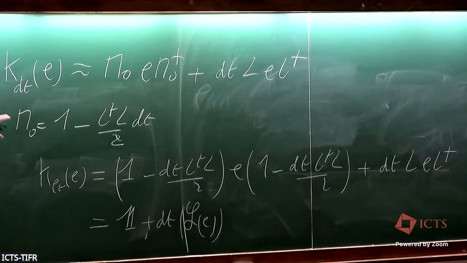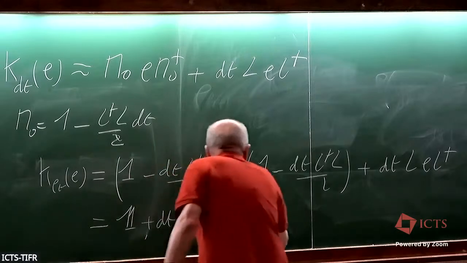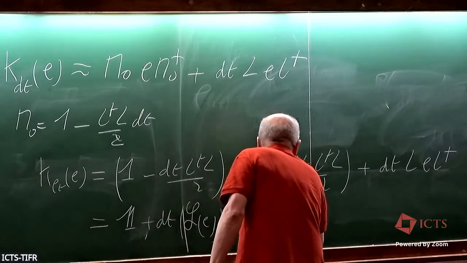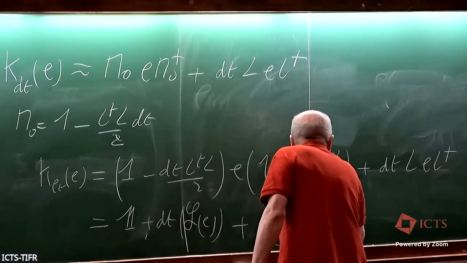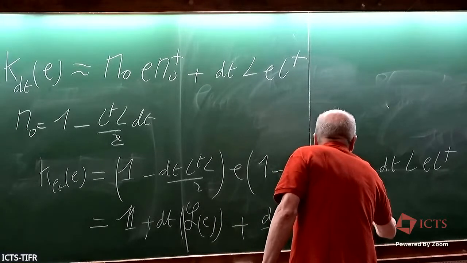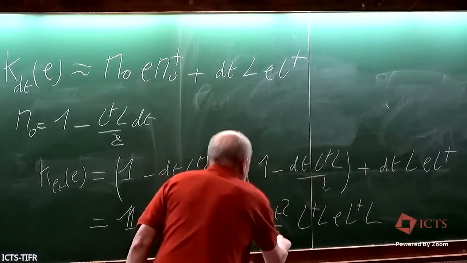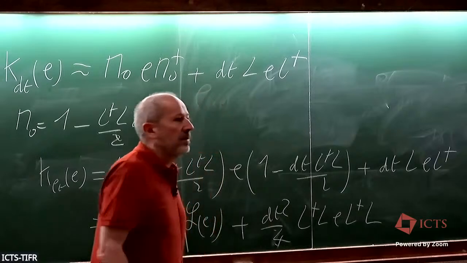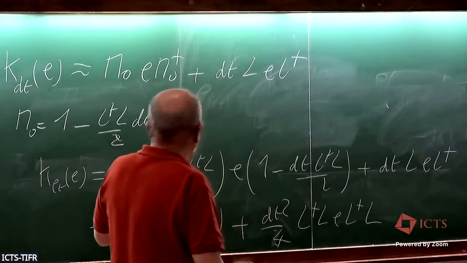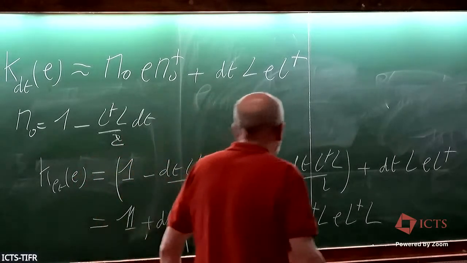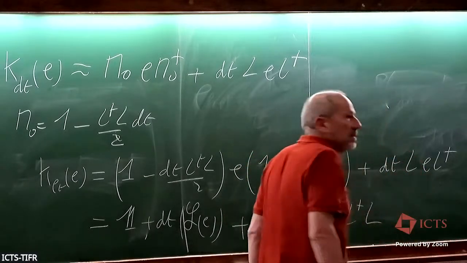But you have second order terms: plus dt square over 2, I have L dag L rho, L dag L over 4. Okay?